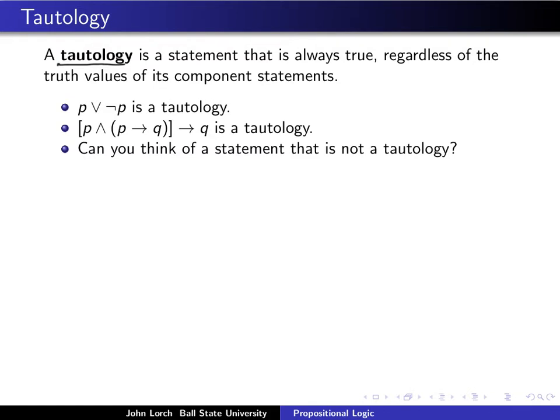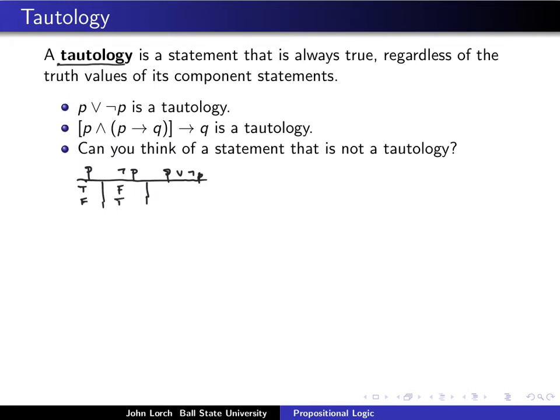So let's check that. So we have P, not P, and P or not P. So the truth table is very short here. P can either be true or false. When P is true, not P is false. When P is false, not P is true.